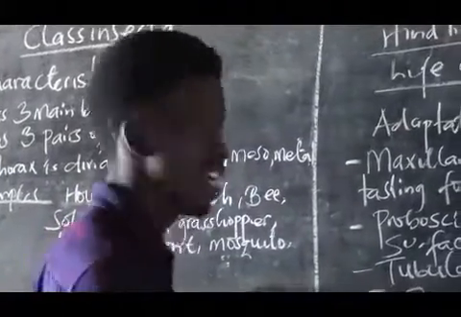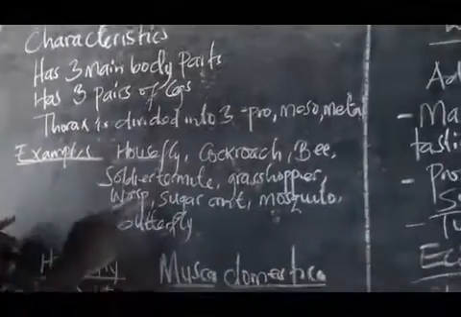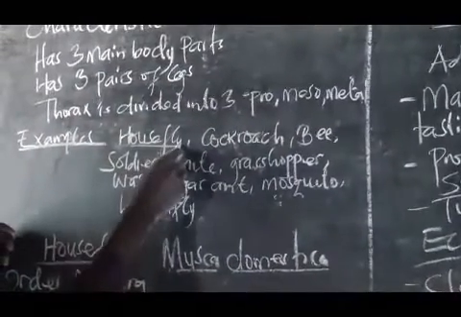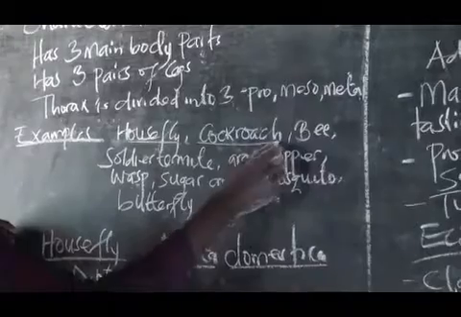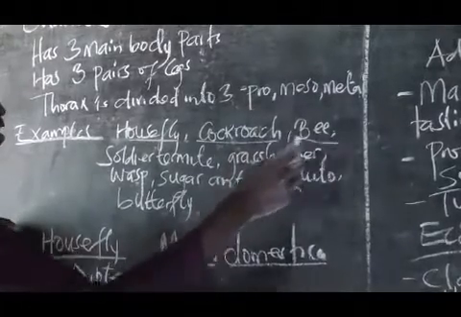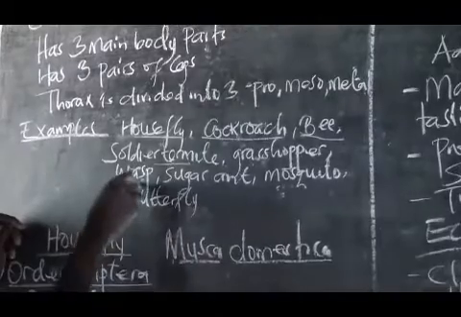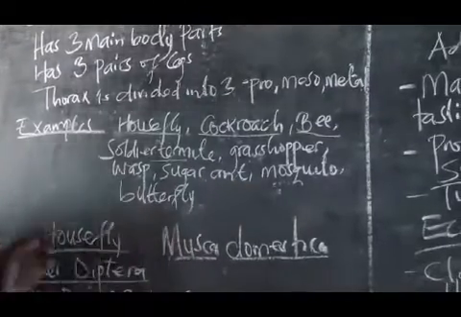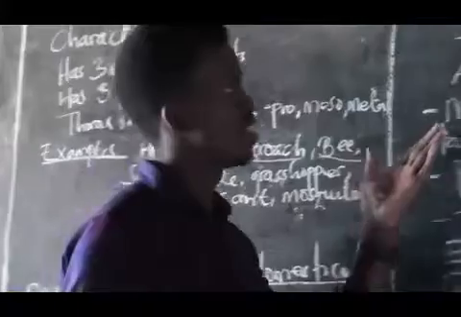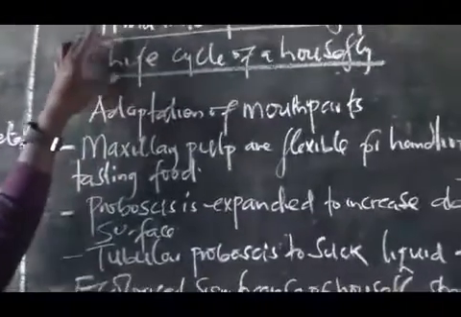If we go back here to look at this, the housefly is complete metamorphosis, cockroach incomplete metamorphosis, the bee is complete, soldier termite complete, grasshopper incomplete, wasp complete, sugar ant, mosquito, and butterfly complete metamorphosis. So you're going to look at that.